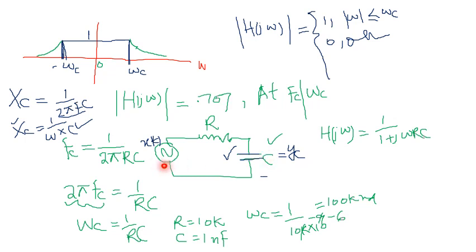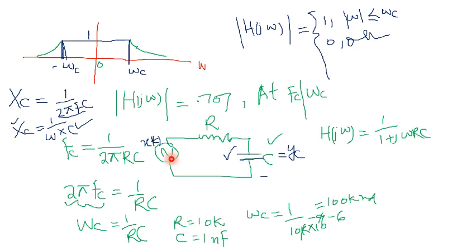So as the frequency of the input signal increases, the voltage here will decrease. This is why the response is like this. And you also understand that the cutoff frequency is determined by this equation. Depending upon the values of R and C, we can select the cutoff frequency.